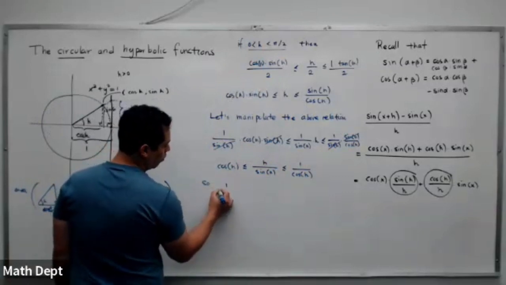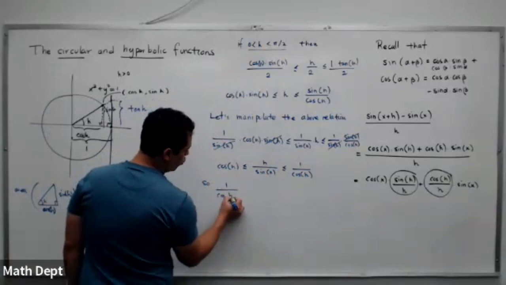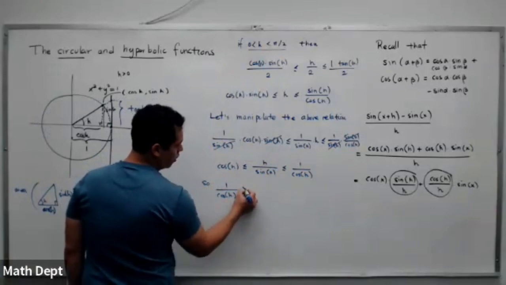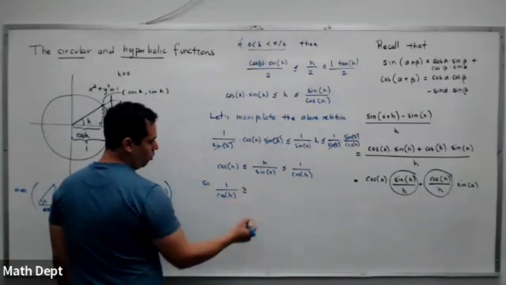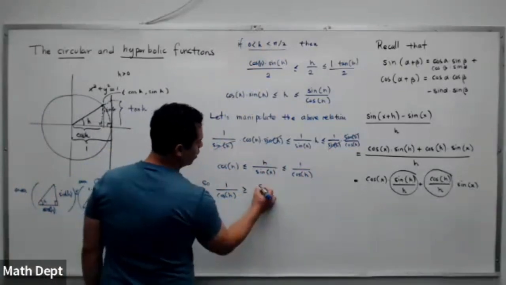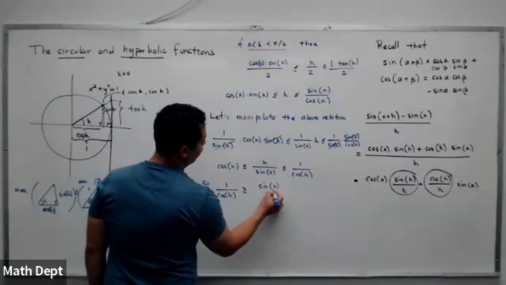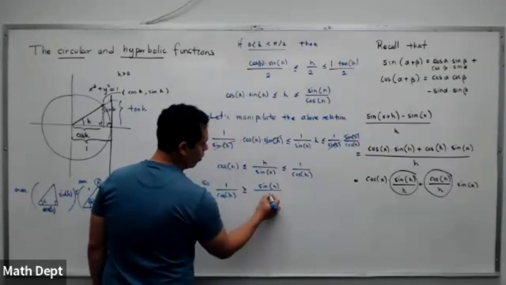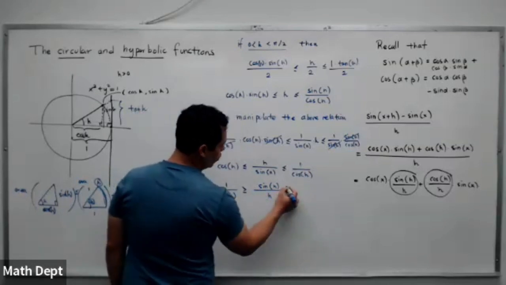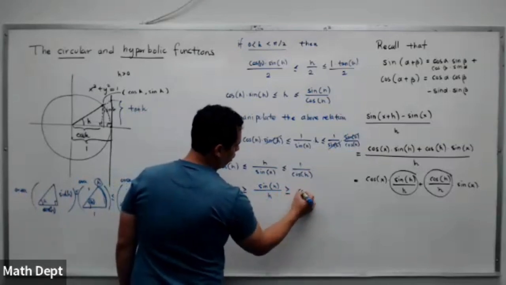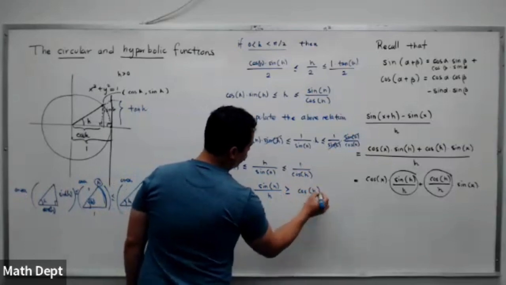So 1 over cosine of h is greater or equal than sine of h over h, which is greater or equal than cosine of h.